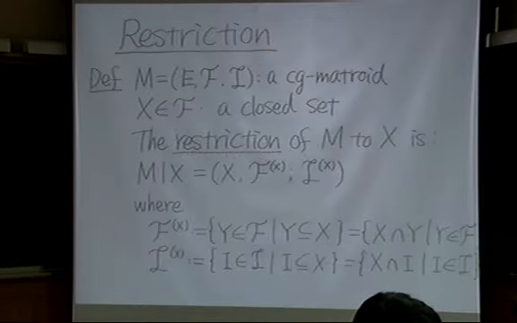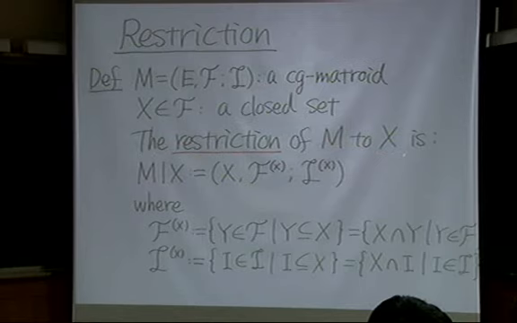Okay, now the definition of restriction. Let M be a CG matroid with the family of independent sets, and let X be a closed set. Then the restriction of the CG matroid M to the closed set X is defined to be the following.